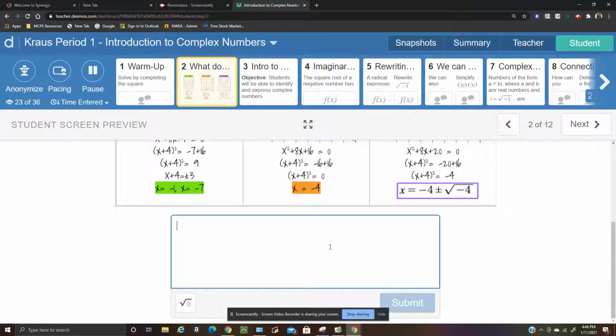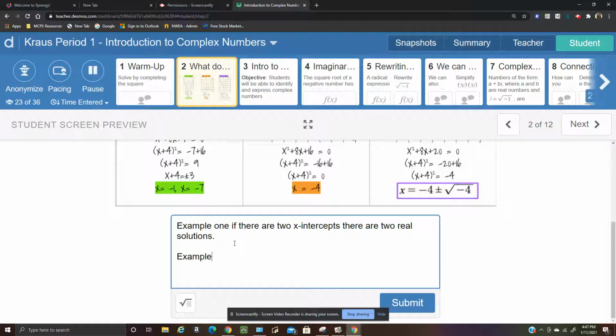So example 1, if there are two x-intercepts, there's two real solutions.